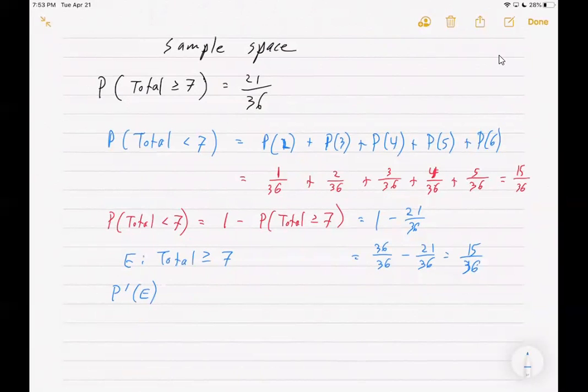So this would be the probability that E does not happen. So if we already know the probability that it does happen, we could simply take 1 minus that to find out the probability that it does not happen.